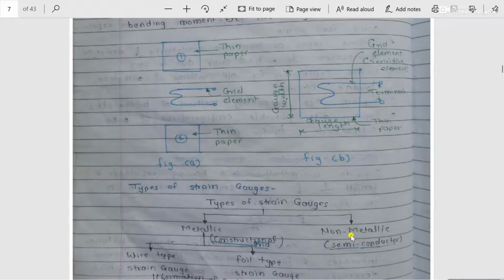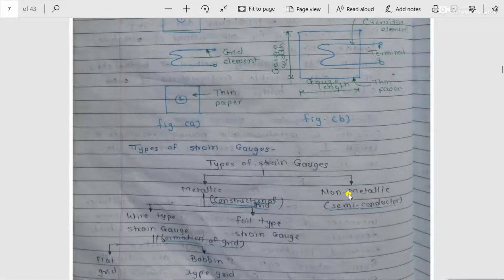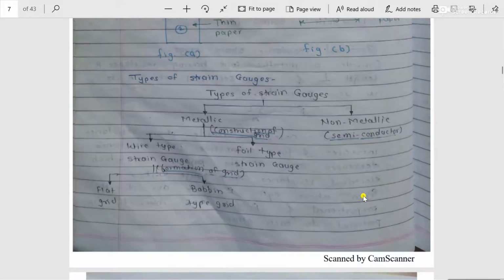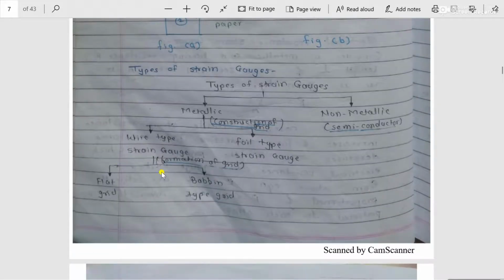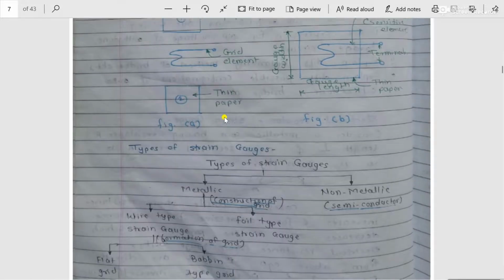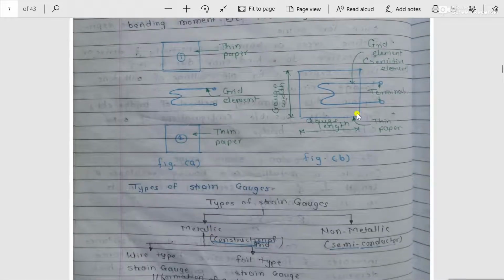And non-metallic strain gauges means semiconductor type of strain gauges. But there is a basic difference in applications between metallic and non-metallic strain gauges. If we have to use strain gauges in water applications, at that time it is not possible to use the metallic type of strain gauges. In that case, we have to use the non-metallic or semiconductor type, because in metallic strain gauges, the grid element is prepared using a metal.